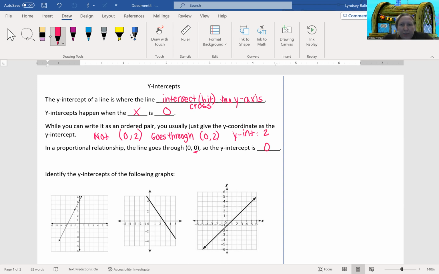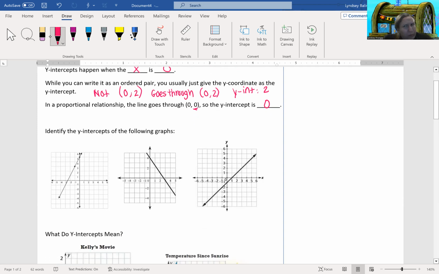So we have a couple graphs, and this is going to seem hopefully pretty easy. We're just going to identify the Y-intercept from these graphs. Here's our line. Where does it hit my Y-axis? In the first one, it hits my Y-axis right there, and the numbers are a little bit off of their line, so just be careful.